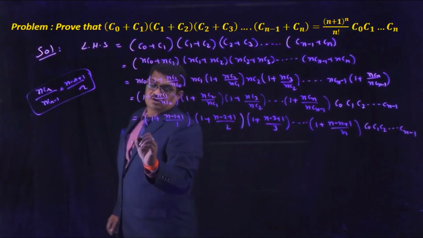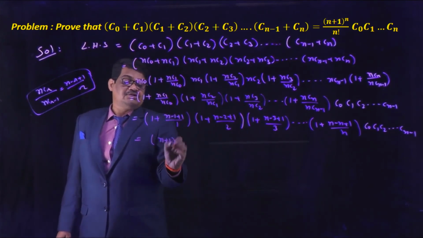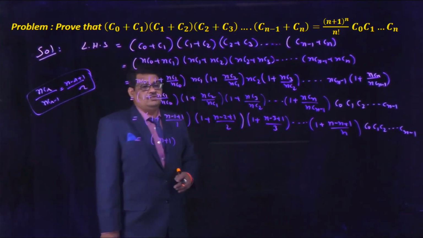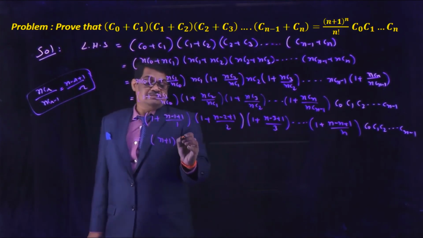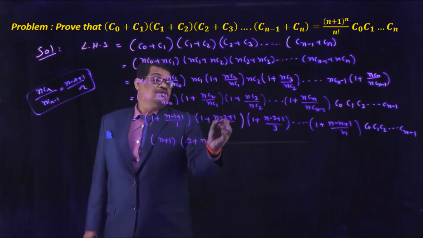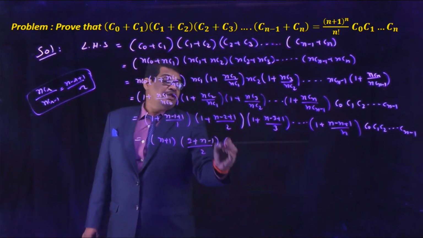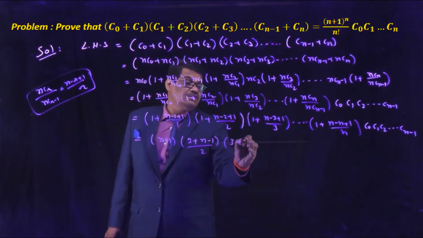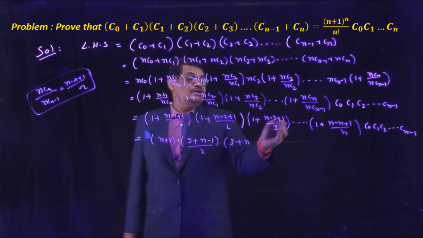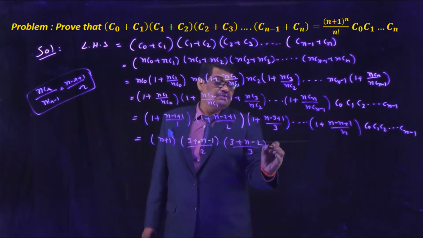Now we observe that −1 + 1 is cancelled. In that, the first term is n + 1. In the second term, 2 + (n − 2 + 1), that is (n + 1)/2. Next, 3 + (n − 3 + 1), that is (n + 1)/3, and so on.